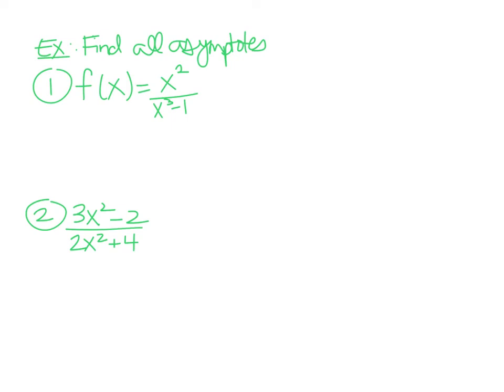Okay, so for number 1, you should find that there is a vertical asymptote at x equals 1. Actually, you find that by solving the equation x cubed minus 1 equals 0, the only possible thing that you can get for that is x equals 1. There's no negative in that one because it's a cube, not a squared.